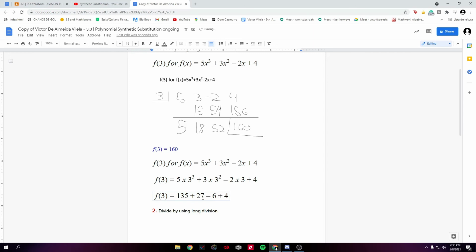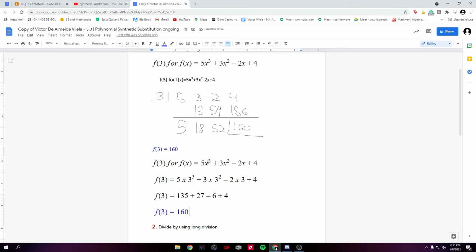And we have 4. So once we add this all, it's going to be 135 plus 27, which is 162. And then we have minus 6, which is 156. And then we can do that plus 4, which is 160. Okay, so by substituting it, we actually still find out that this is 160.